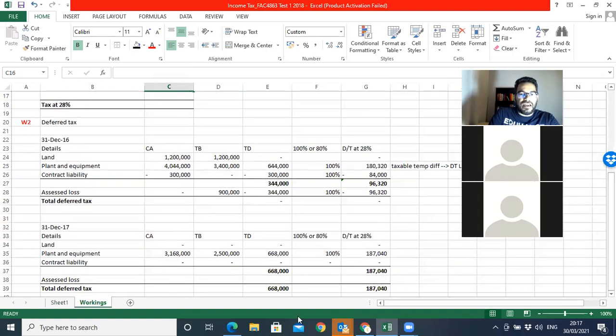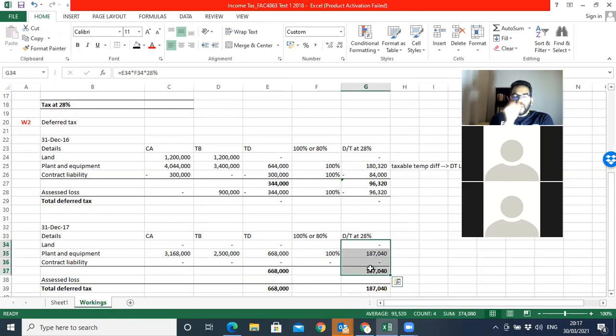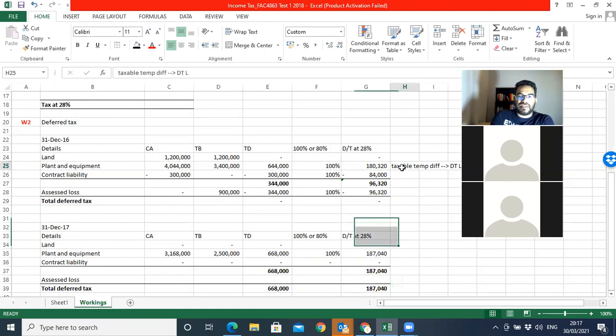Now, let's understand this temporary difference. We have a temporary difference of 668, which gives us a deferred tax of 187,000 Rand. Using the same understanding of this taxable temporary difference: deferred tax is a future tax consequence.